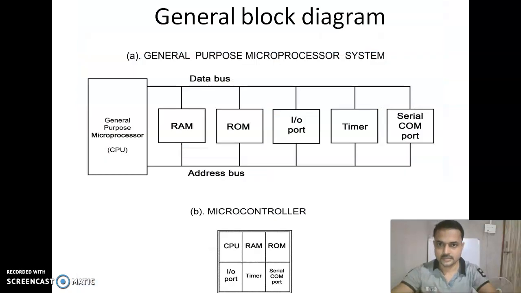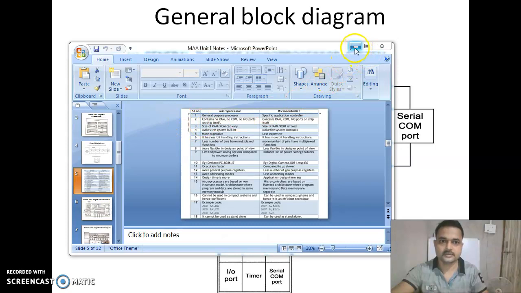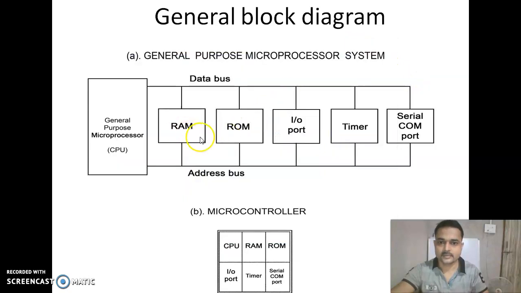Basically this is the block diagram of a general purpose microprocessor system, which consists of a general purpose microprocessor, CPU, central processing unit, and which requires externally RAM, that is random access memory, ROM, read only memory, IO ports, input output ports, timer, and serial communication port.